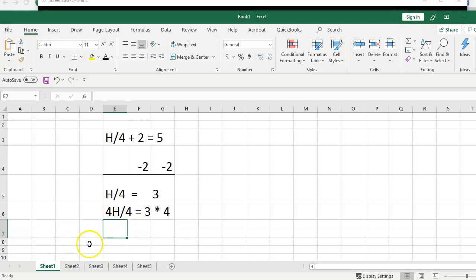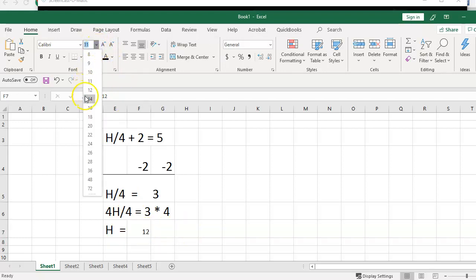And when I do that, 4h divided by 4 would just give me h, because 4 divided by 4 just equals 1. And of course, 3 times 4 would give me 12. So by doing this, it tells me that h is actually equal to the number 12.